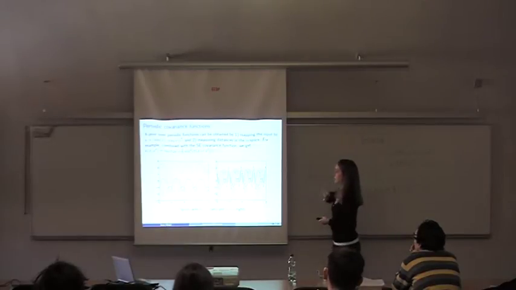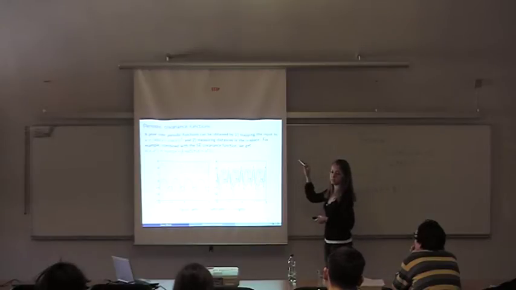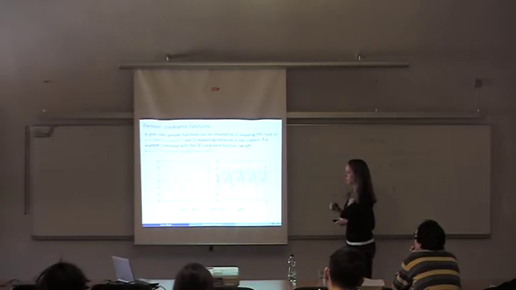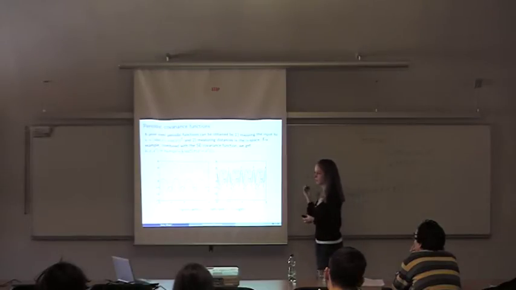Then we can measure the distance in this space u and combine it with any covariance function, for example, the squared exponential function. This will give us smooth periodic functions.